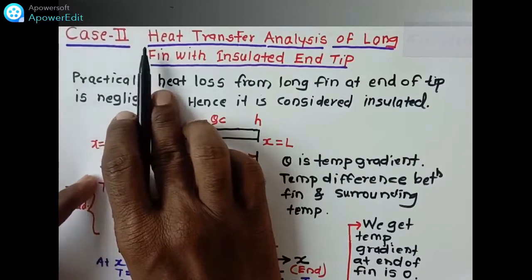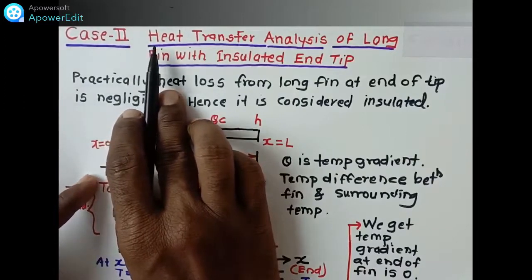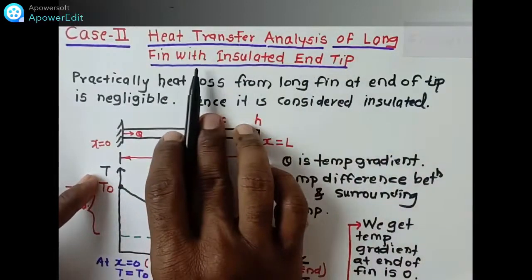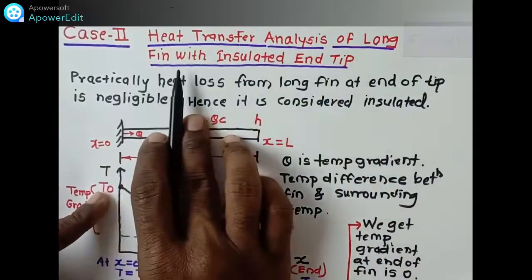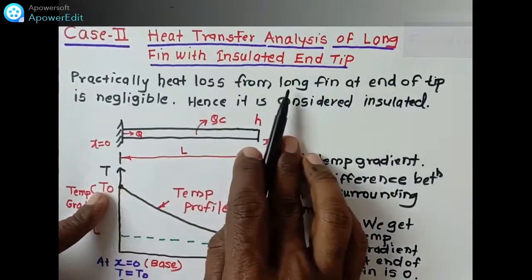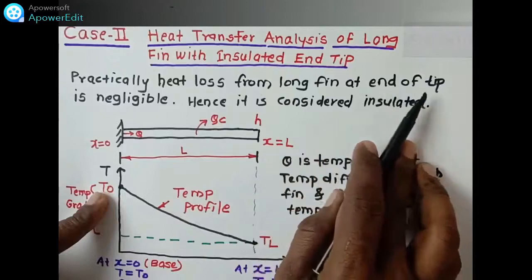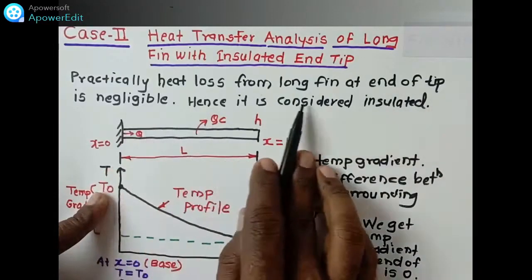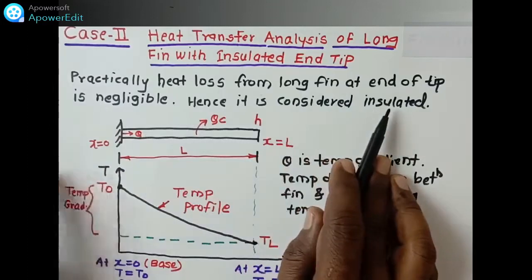In that, we have to find the equation for heat transfer flow rate from a long fin. Now, in case of a long fin, practically heat loss from the long fin at the end of the tip is negligible. Hence, it is considered as insulated.